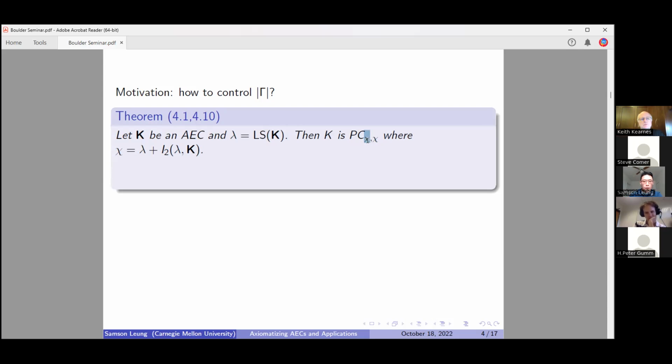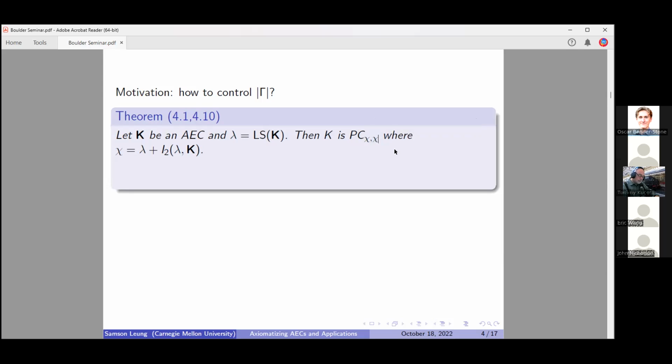So we won't have any improvement in the first parameter. We might be worse in terms of the first parameter. But luckily, this cardinal is bounded above by 2 to the lambda. So as long as we know this cardinal chi is strictly less than 2 to the lambda, we can improve the second cardinal, or the second parameter, here. So in some sense, we're sacrificing the first parameter for the second one.